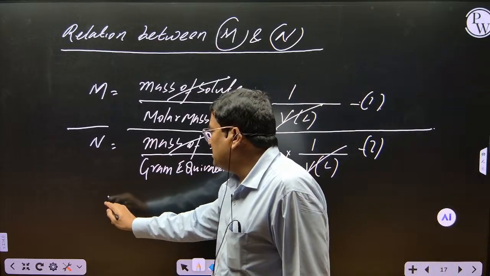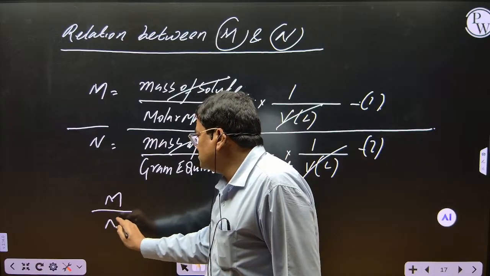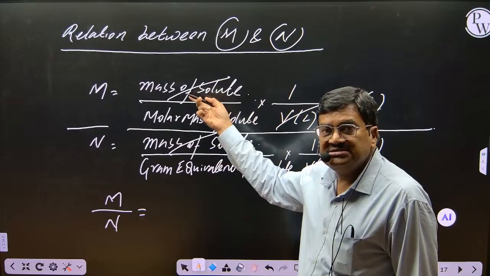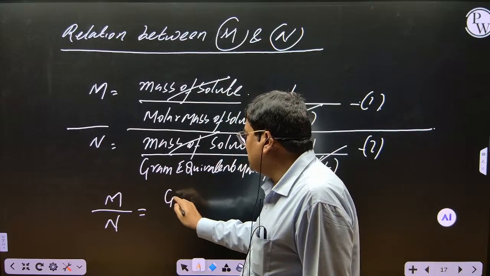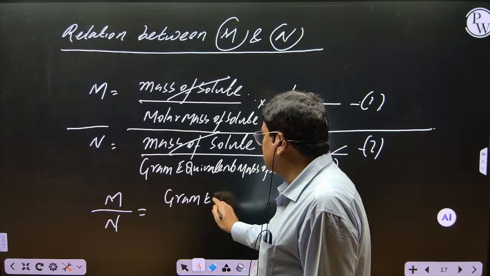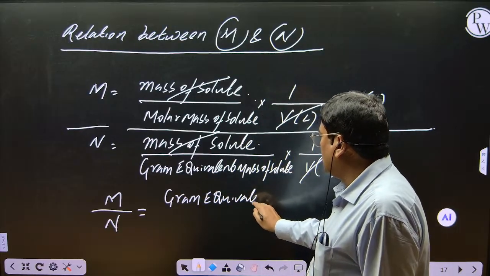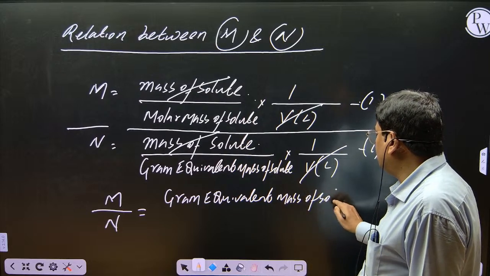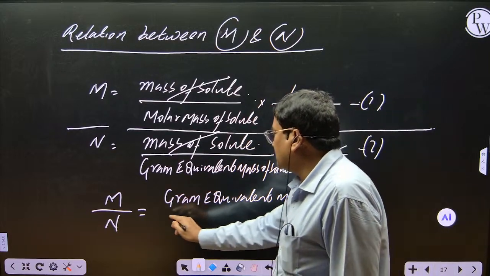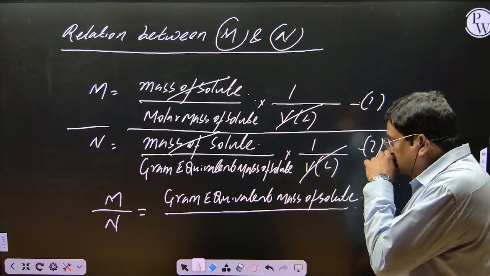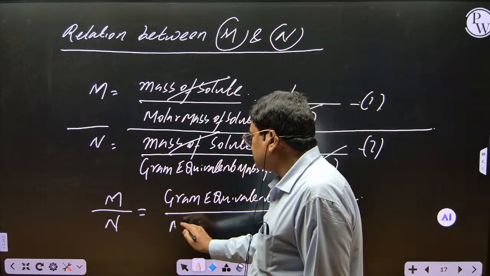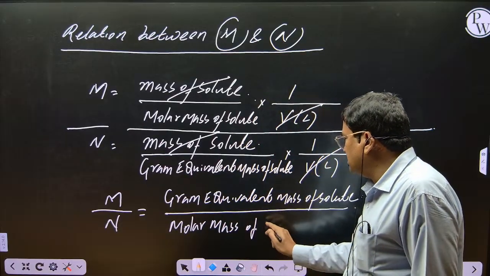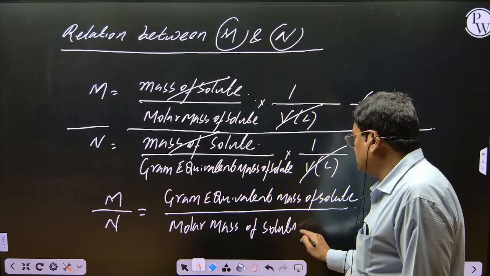Now molarity by normality, what do we get, students? The gram equivalent mass goes to the numerator. Is it right? So in the numerator I am writing gram equivalent mass of solute, upon what? Upon, sorry, molar mass of solute. This is the relation we got on dividing both of them.